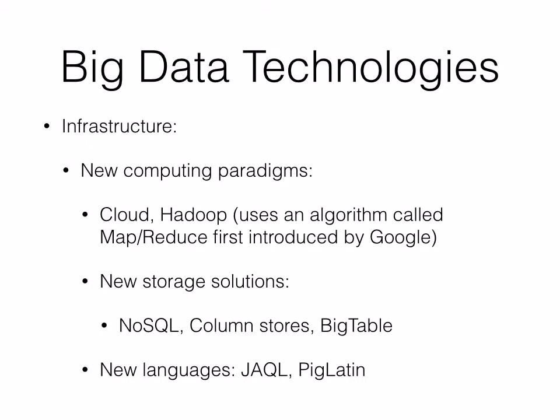So let's talk a little bit about big data technologies. We've talked about this throughout the semester, so I don't spend a lot of time here. We've talked about the cloud. We've talked about NoSQL and things like that.